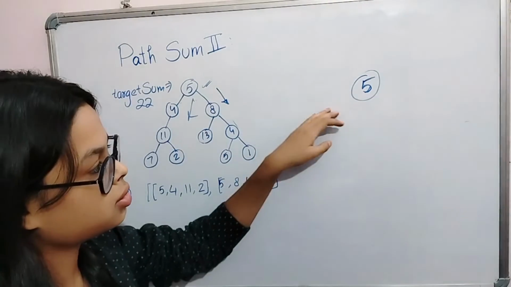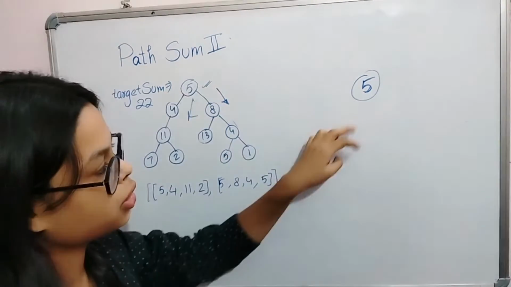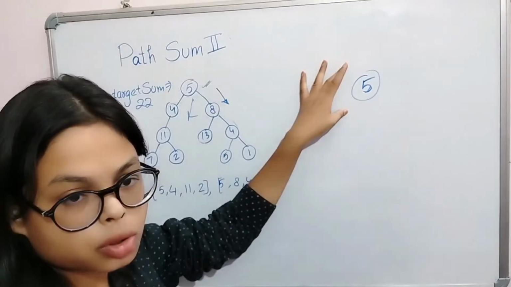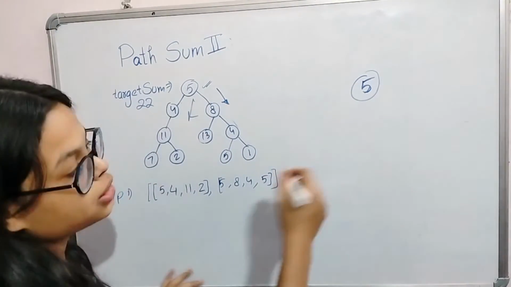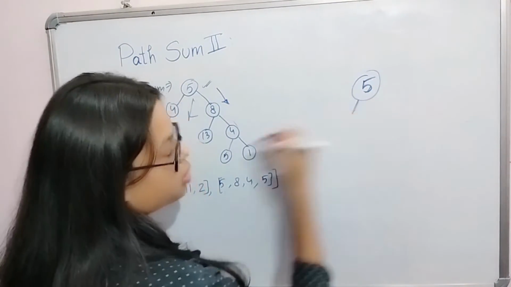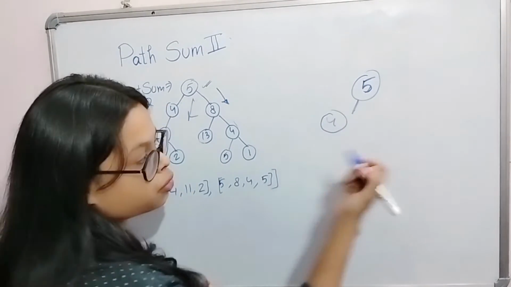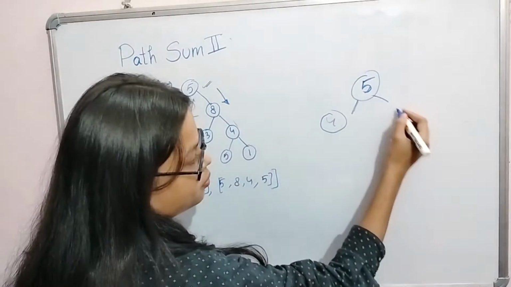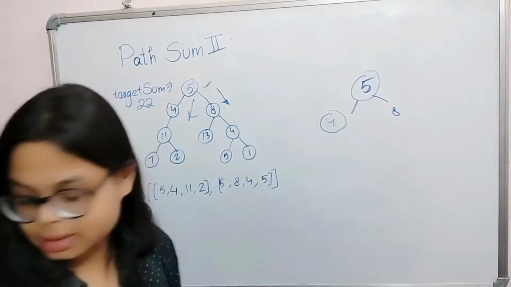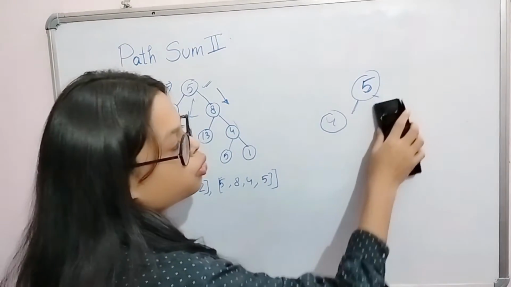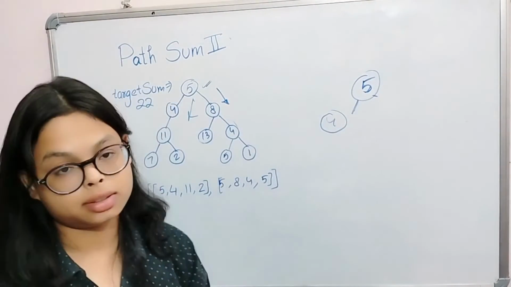Next, to the left of 5 we have 4, and to the right we have, or let's just perform both, whatever DFS does.